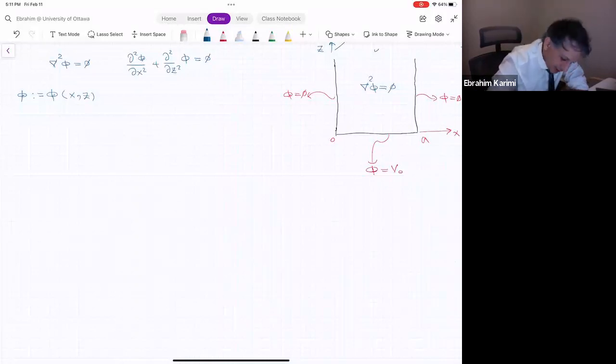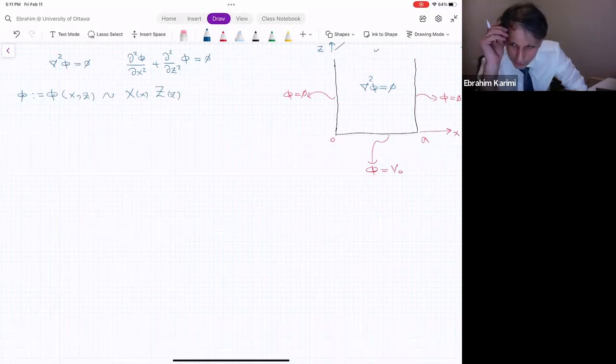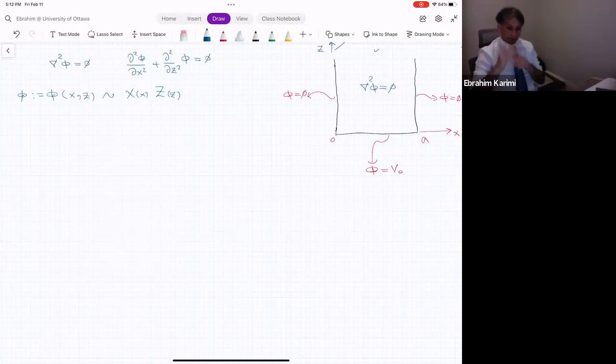In the separation of variables, we assume that phi of x and z can be expressed as X of x times Z of z. Be careful, guys, later on I will ask you a serious question about this. This is the assumption that I make, that this function, whatever it is, can be expressed in terms of two different functions of x and z.